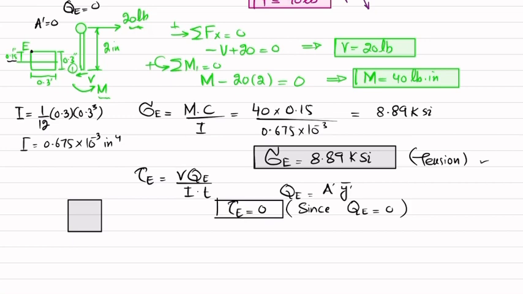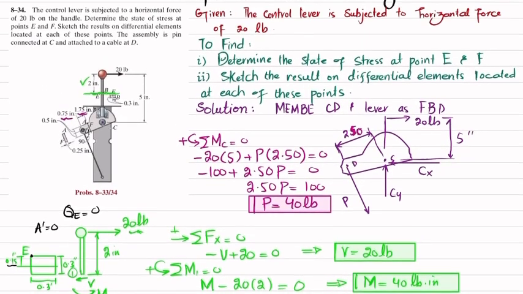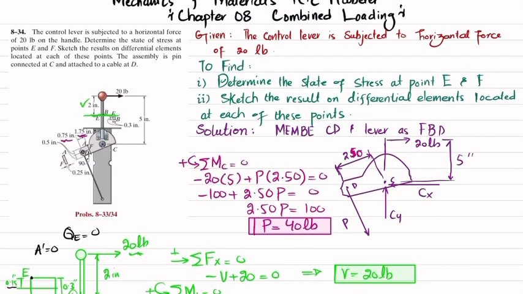So it will be like 8.89 KSI, that will be in tension. This is the state of stress at point E. Shear stress is 0. Now what we will do is that we will move toward the second portion, to find the state of stress at point E.